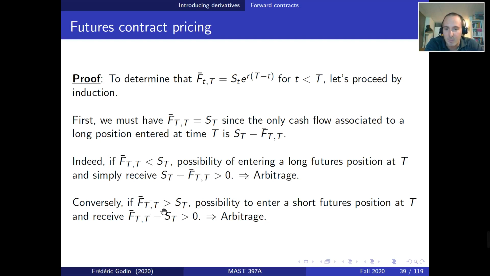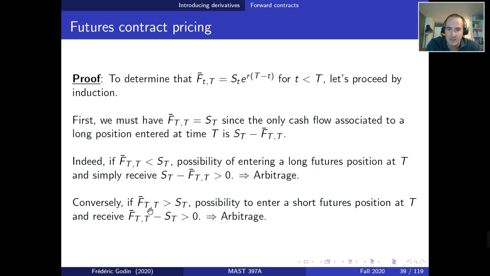Conversely, if F̄_T is greater than the underlying asset price at time T, then you could enter a short futures position at time T. This would entail receiving the futures price at maturity and giving the underlying asset.